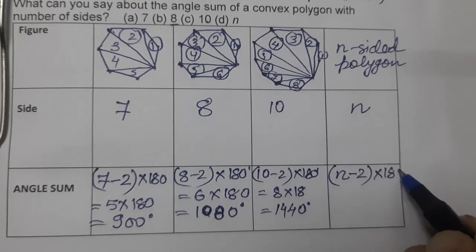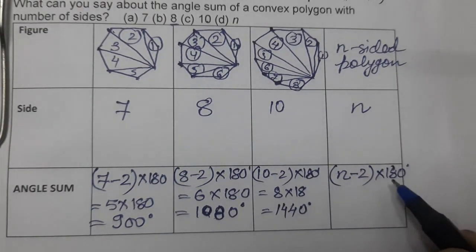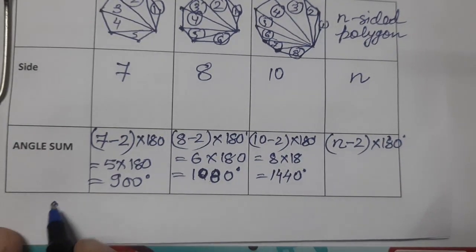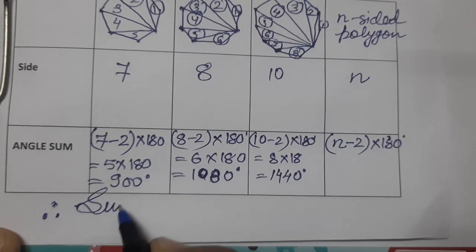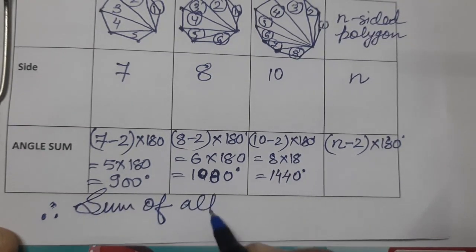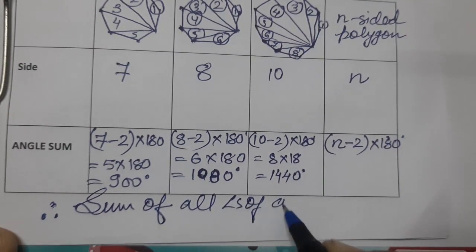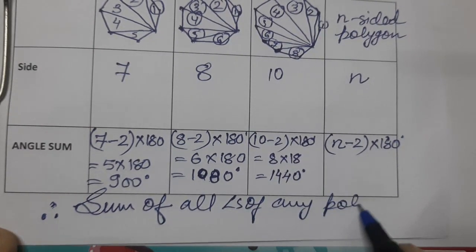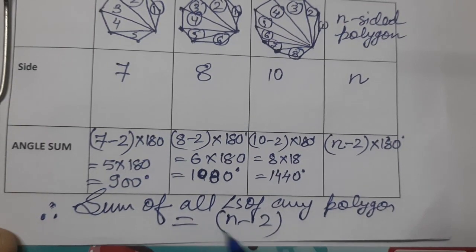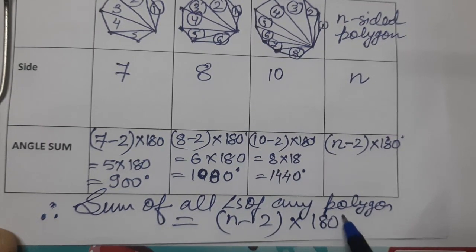So finally this formula is here, n minus 2 into 180. Therefore we can write the sum of all angles of any polygon equals n minus 2 into 180 degrees.